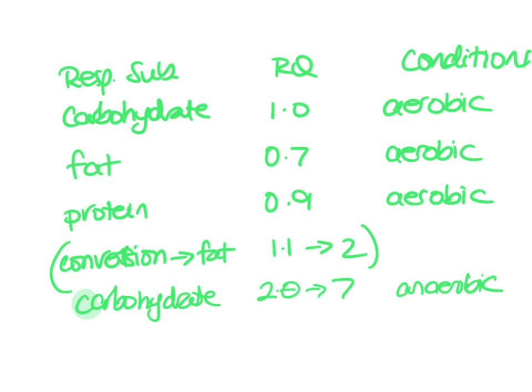There's definitely carbohydrate there to get it over and above the 0.7 or the 0.9. So you'd say there's a mixture of respiratory substrates in aerobic conditions. So there might be carbohydrate and protein or carbohydrate and fat. You don't know which it is because you've only got an average figure.